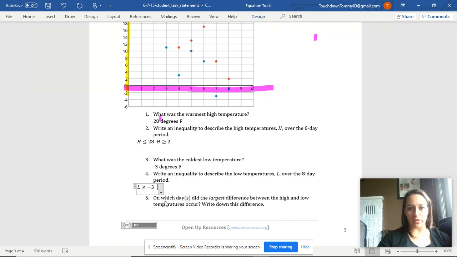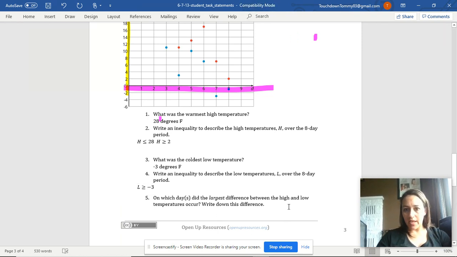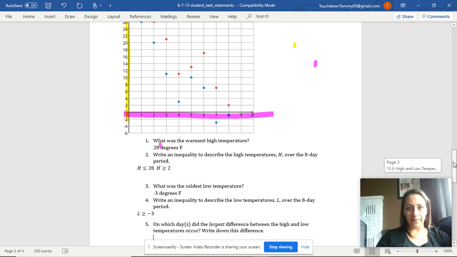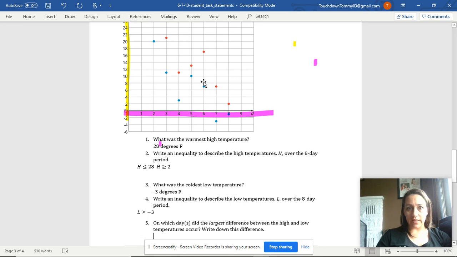I'm trying to back this up so I've got some space. And what is the difference? All right, so we saw the biggest difference on days, what was it, 3 and 6 and 7.